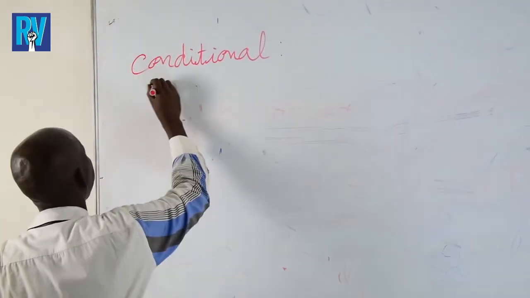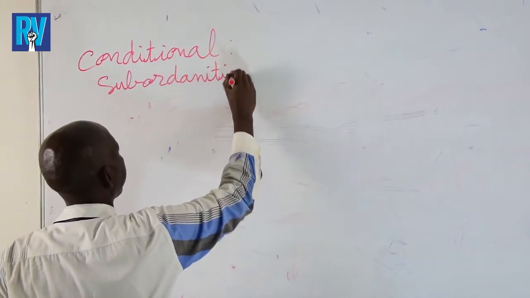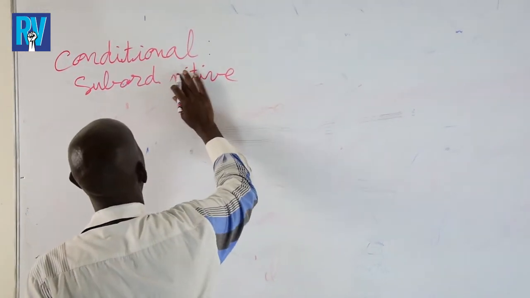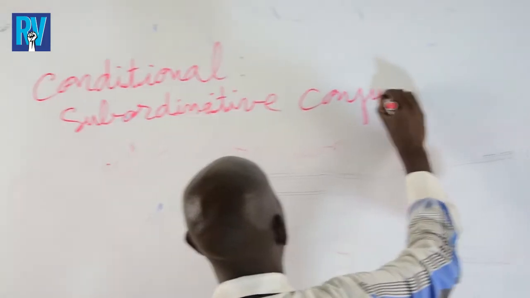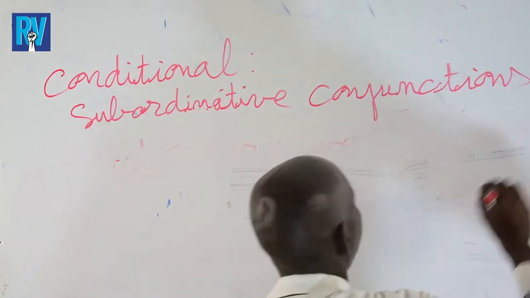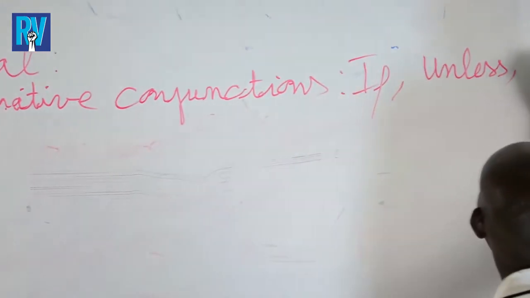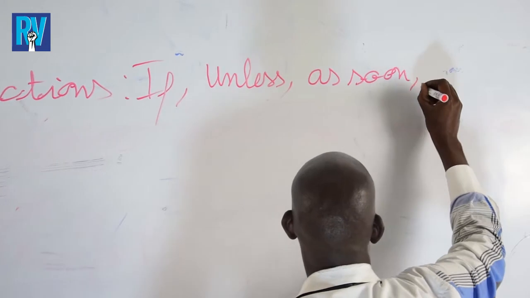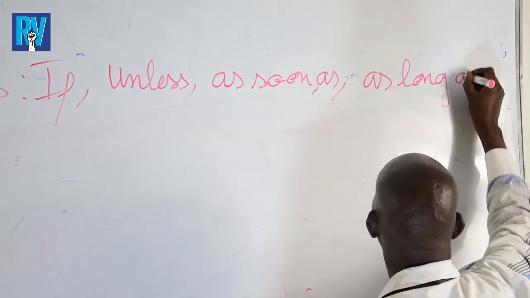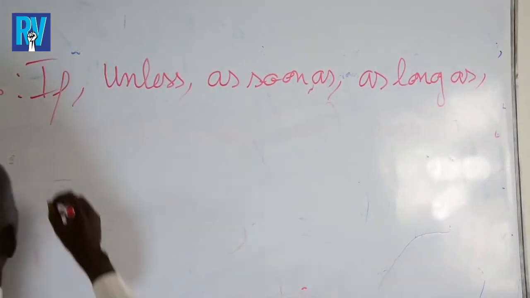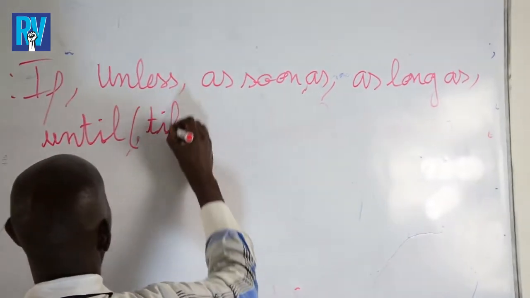So here are: if, unless, as soon as, as long as, until, till, it is the same, until or till.